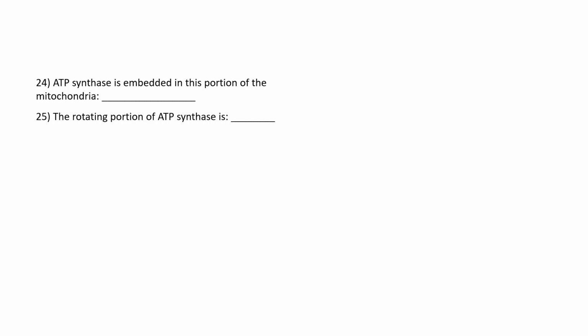That's within the inner mitochondrial membrane, so it's in the transmembrane region. I'll show you the diagram in just a minute. There was a head region which was in the matrix, and then your F0 region which is embedded in the membrane. And that is the rotor ring. That is where this actual machine stuff is happening. That F0 region is the rotating portion of ATP synthase.